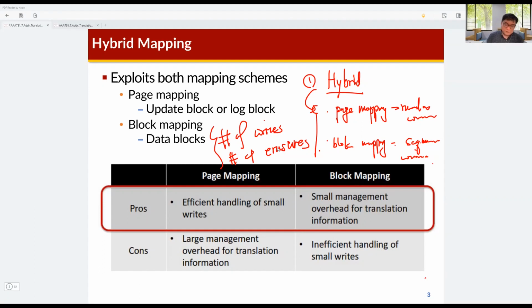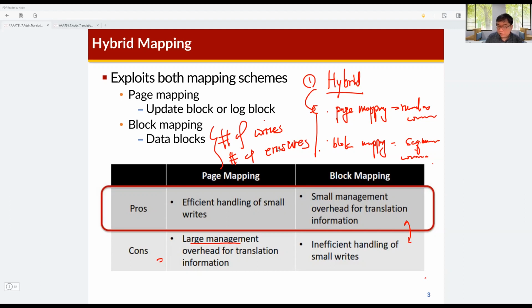So the advantages of page mapping are performance and efficient management of the NAND flash memory. But the problem is the large translation table.